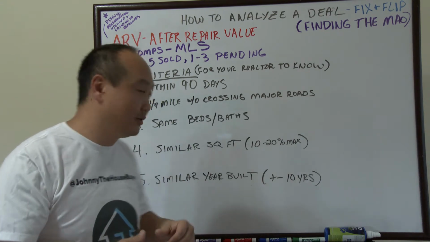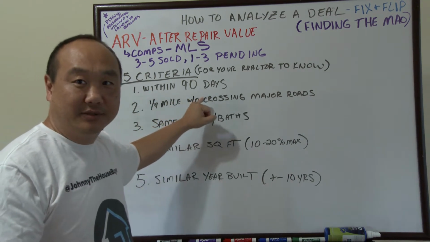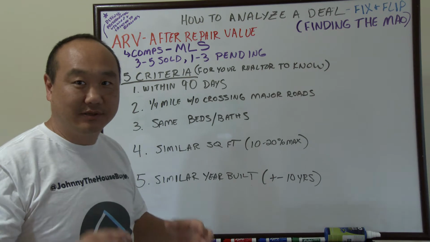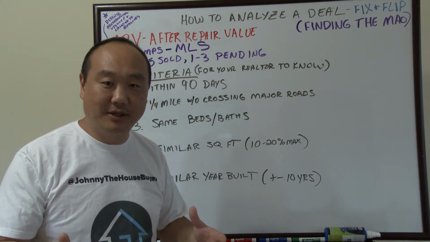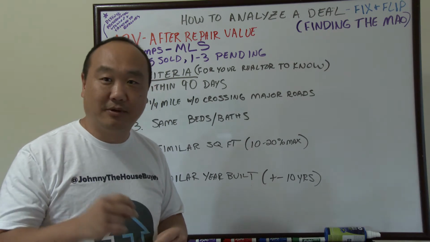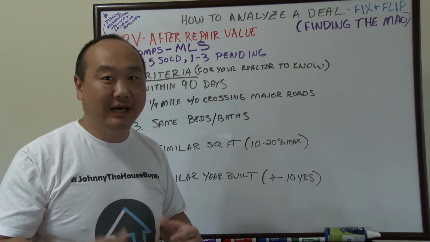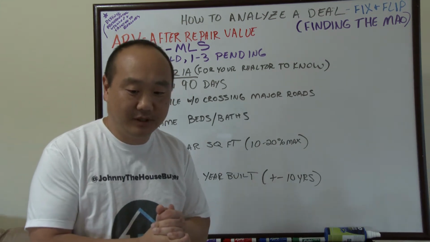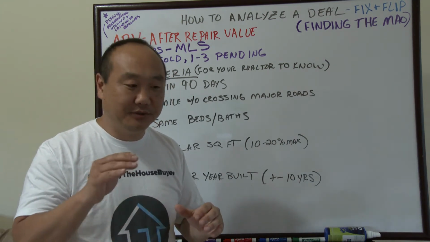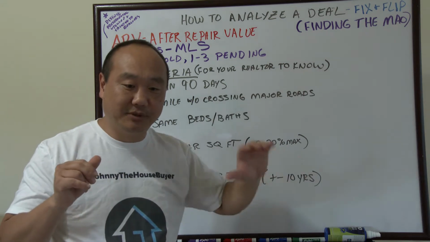But for right now, within 90 days for Dallas-Fort Worth, because it's a fast-moving time right now, and people are just selling left and right. Houses don't stay on the market very long, so you've got to analyze for the past 3 months. Okay.